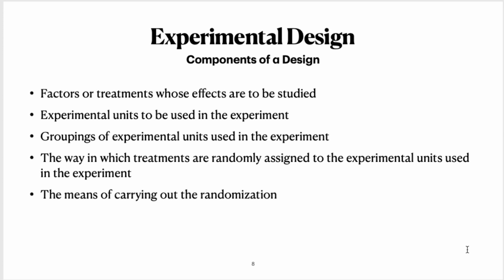These experimental units comprise the experimental material to which the factors or treatments are applied. There are potentially also, and often are, groupings of experimental units that are used in the experiment. We also need to consider, as part of the experimental design, the manner in which treatments are randomly assigned to the experimental units that are used in the experiment.